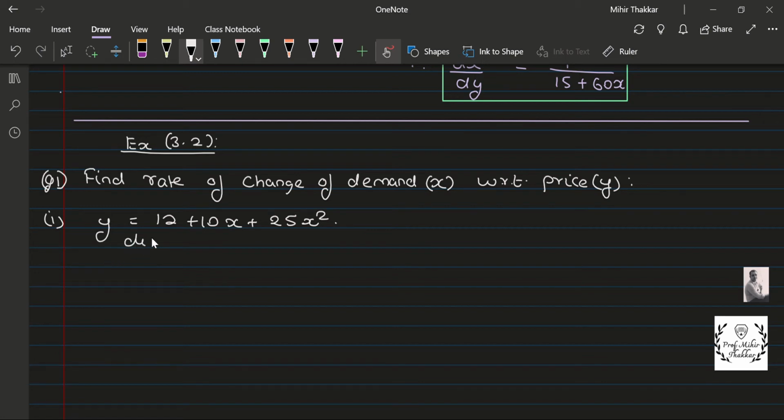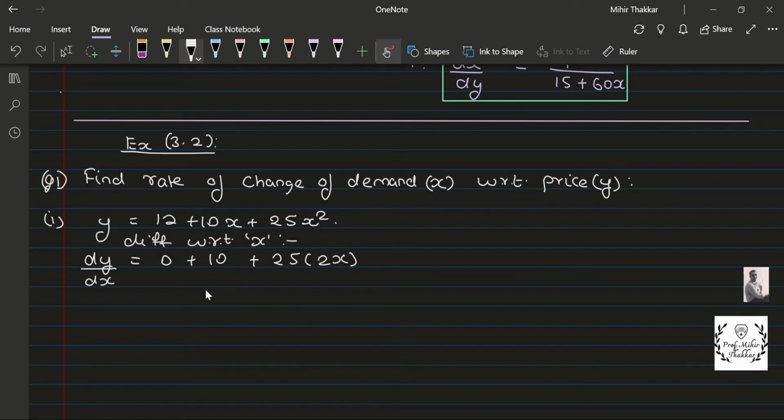We will first say over here, differentiate with respect to x. So derivative of y is dy by dx. Derivative of 12 is constant, which is 0. Derivative of 10x is going to be 10. And derivative of 25x square will be 25 into 2x.